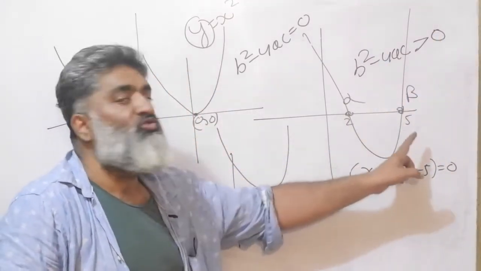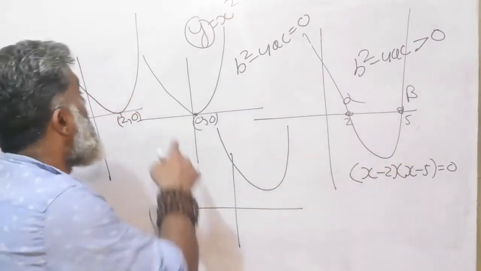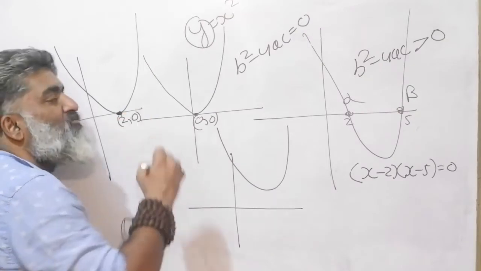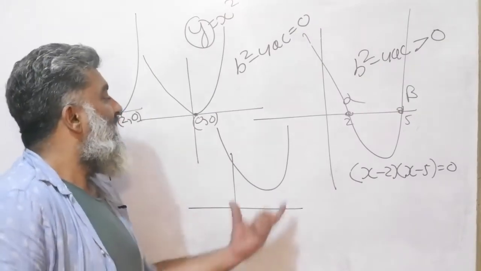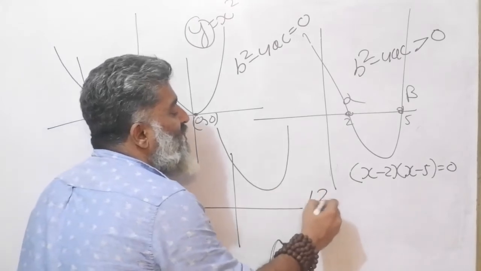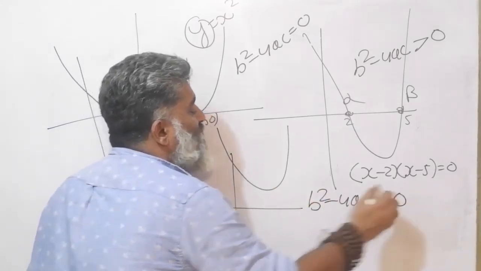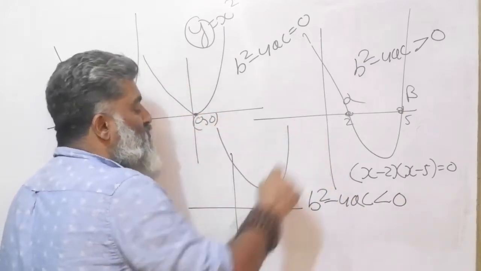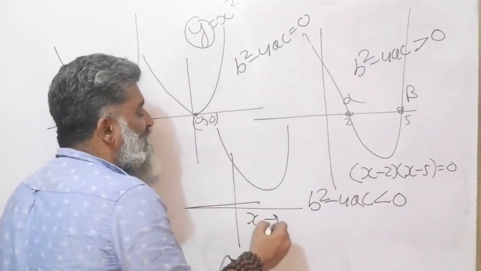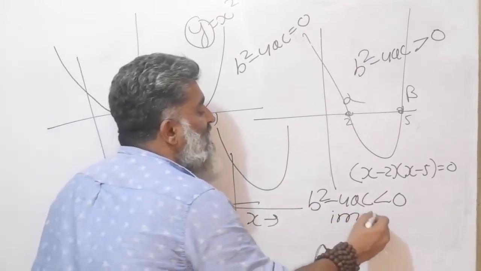I can see there are two roots as such, and they are distinct, separate from each other. In this case, both the roots are at the same point, that means they are the same root. And if you ever find a graph like this, or a case where b square minus 4ac is less than 0, the graph will have no roots, it will never cut the x-axis, and the roots are going to be imaginary.